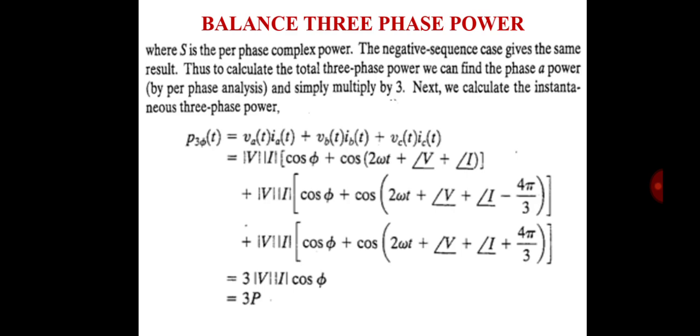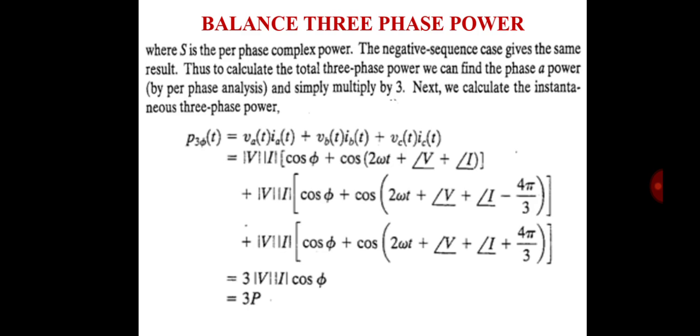Now here we write the V and I equation. Take VI common: cos φ plus cos(2ωt plus angle V plus angle I). Then VB and IB: V and I common, in the bracket cos φ plus cos(2ωt plus angle V plus angle I minus 4π/3).